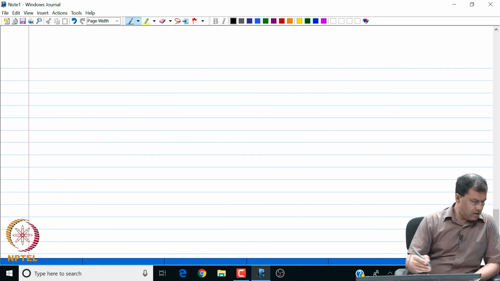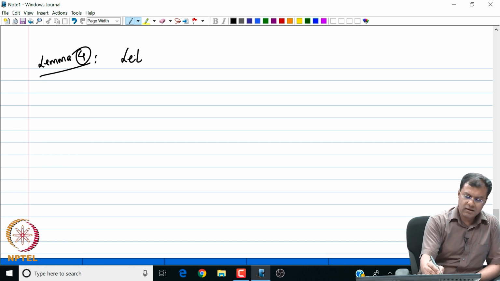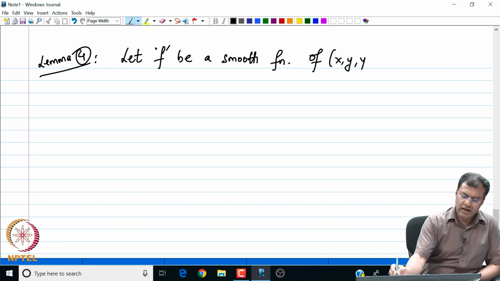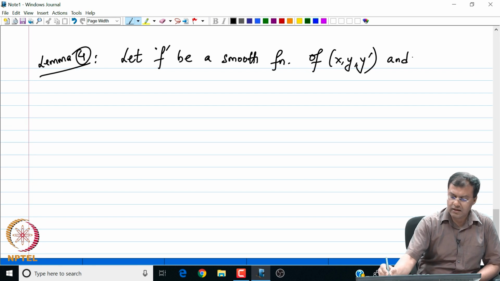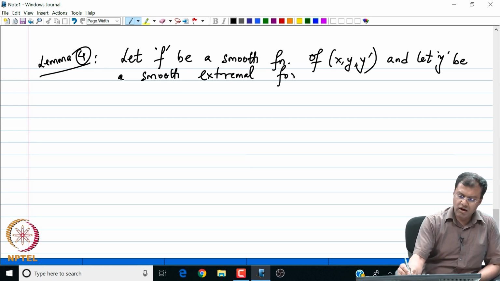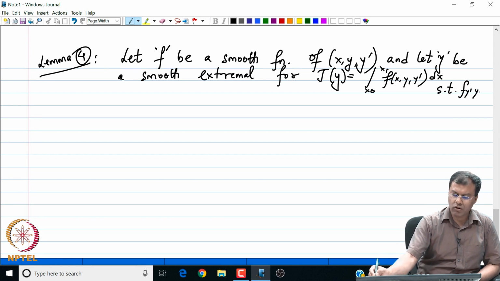The result is, let my function f be a smooth function of x, y, y prime, and let my function y be a smooth extremal for my functional j given by the integral from x0 to x1 of f of x, y, y prime dx, such that my strengthened Legendre condition holds.